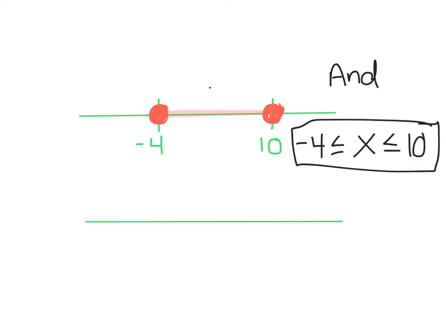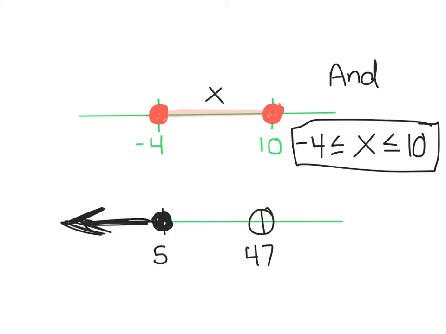I like this one because to me it looks like x is right there in the middle, in between two values. On the other hand, if you had something like 5 and 47 over here, and let's make it go out, again I'm going to do a closed circle here and an open circle here.